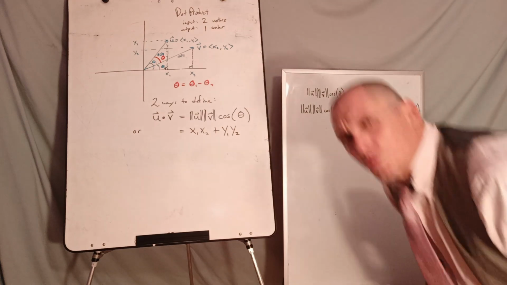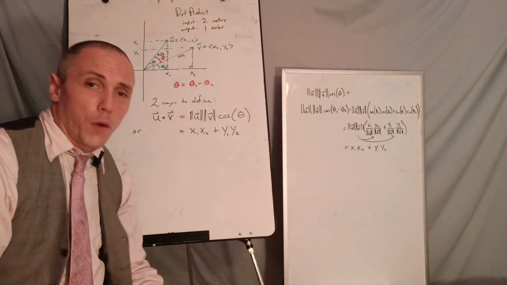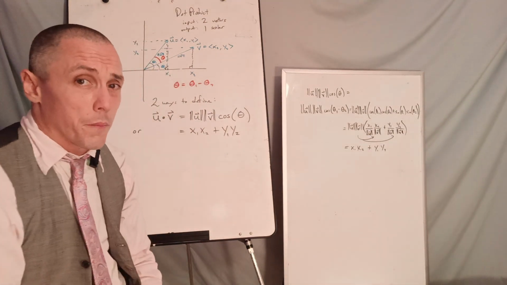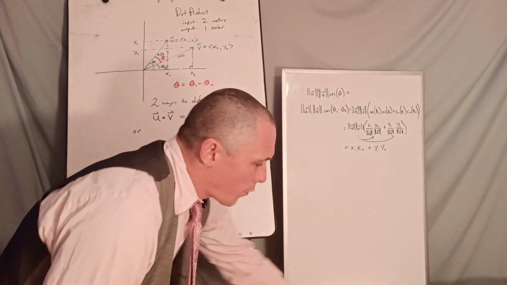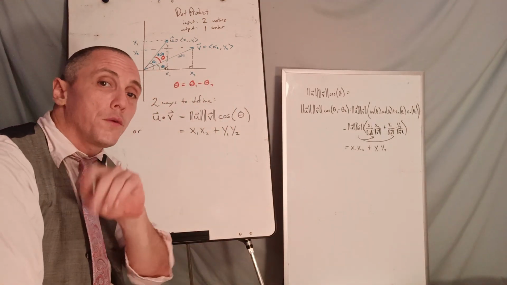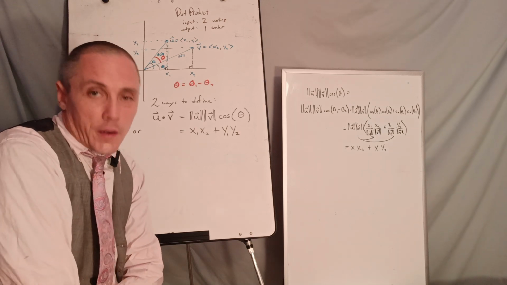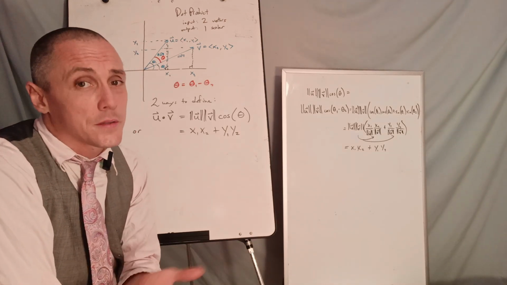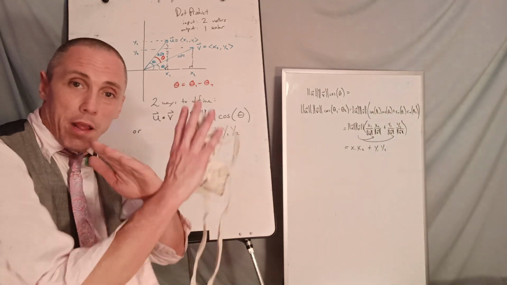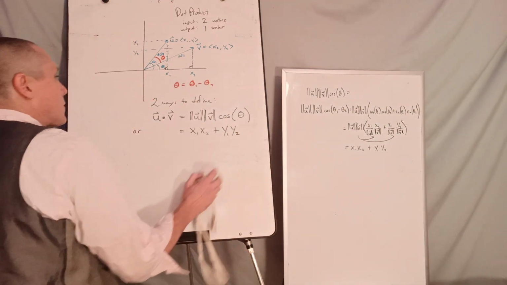So what is one of the things that the dot product is actually good for? Why do I think it's so important? Well, for one thing, the dot product alone can tell us whether two vectors are orthogonal. And we remarked a little bit at the beginning of this video about how sometimes it's important to know if two vectors are at right angles to one another. So let's just write it.